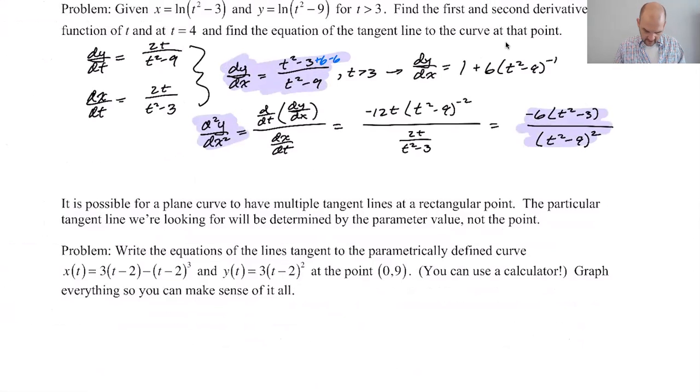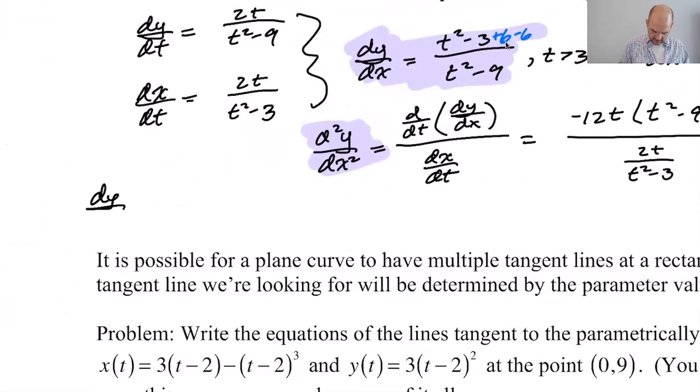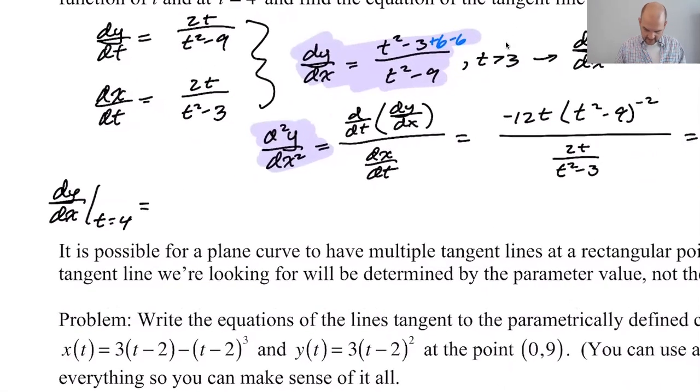And then what are we doing? We need to find each of those at t equals 4. Okay, so dy/dx at t equals 4. Remember, dy/dx is a function of t. So that's 16 minus 3, which is 13, over 16 minus 9, which is 7.